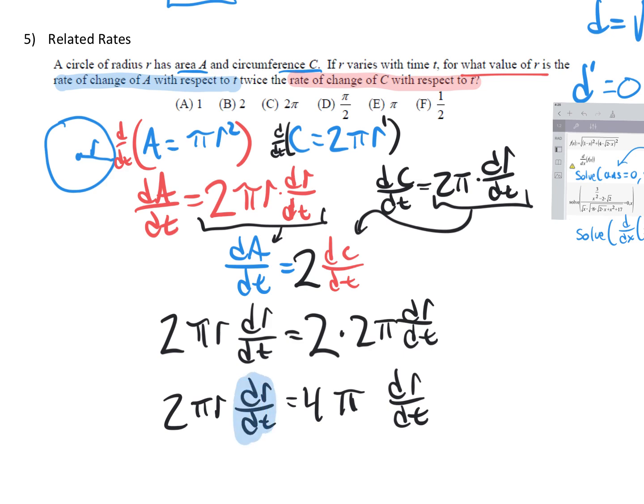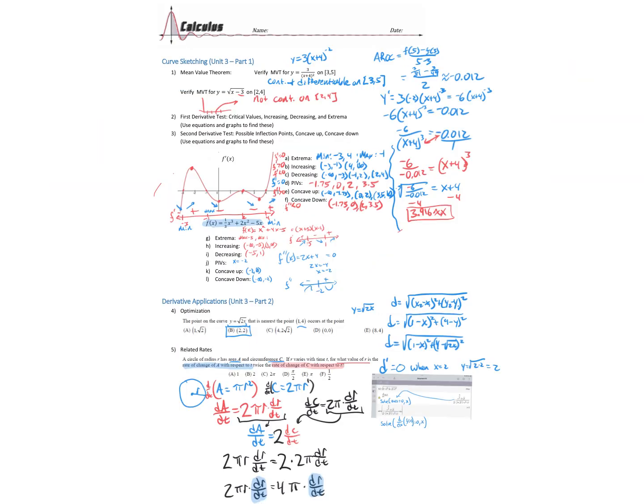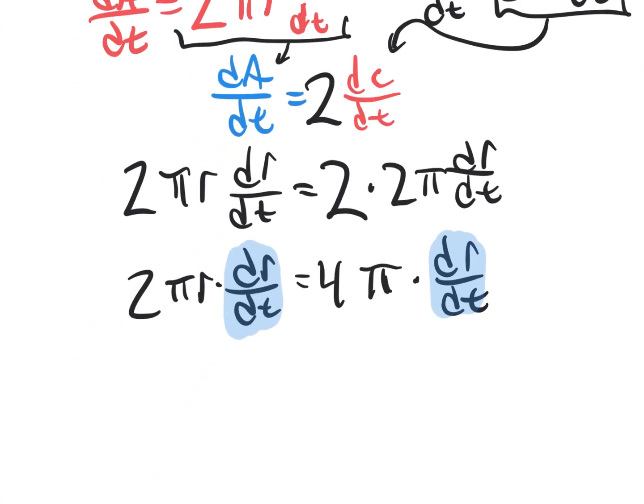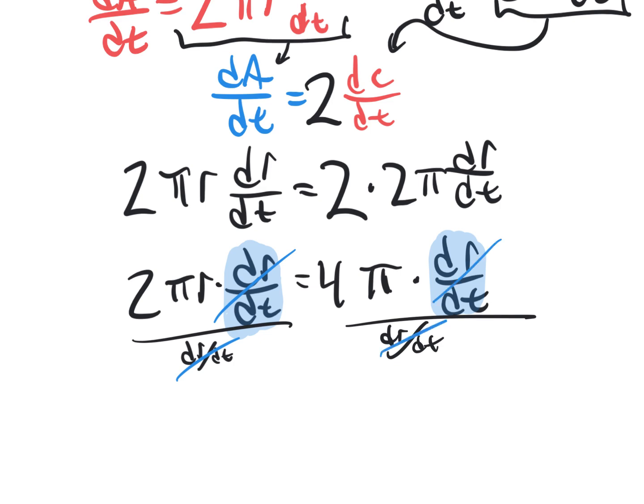We need to understand that dr/dt is just a number. It's a variable, and it looks complicated. It's got 4 letters there, but it's just a variable. So that's worth some number. What is it? I don't know. But we can divide both sides by dr/dt. And those just go away. So in other words, 2 pi r equals 4 pi.